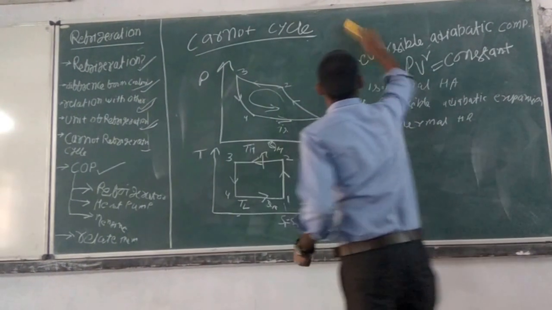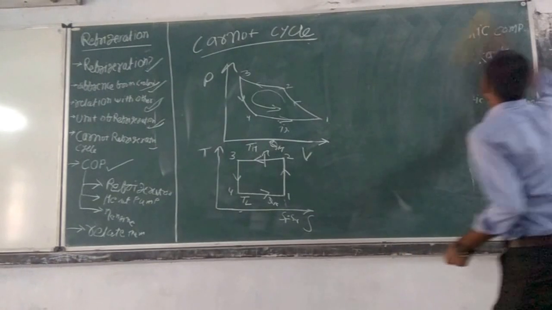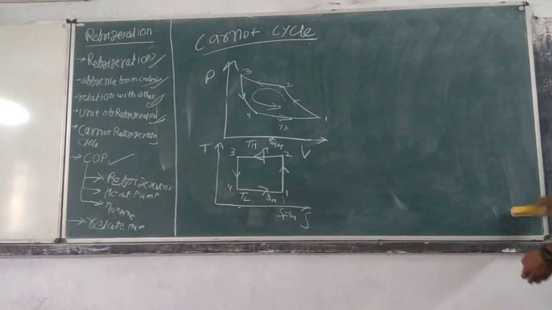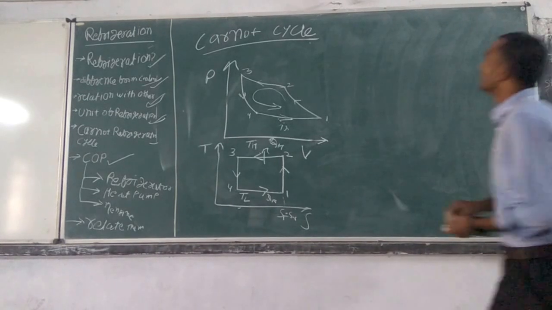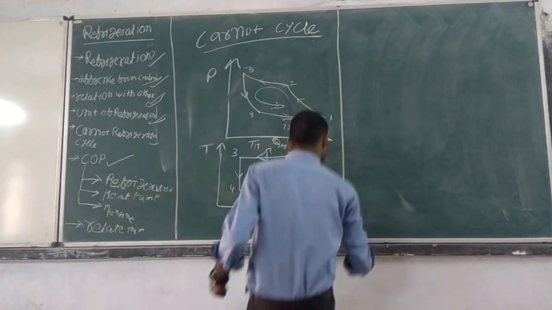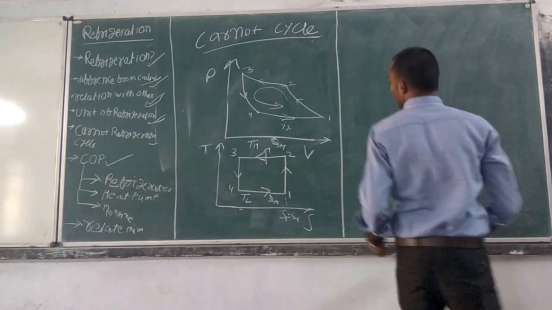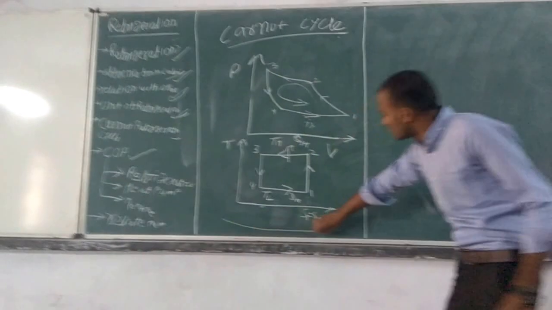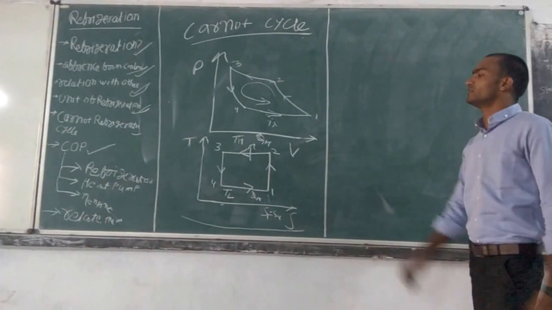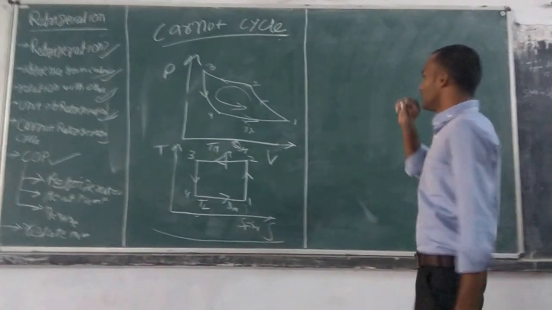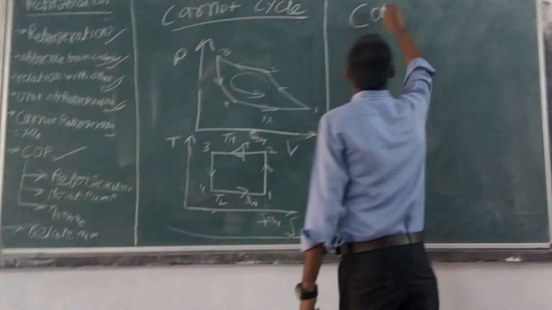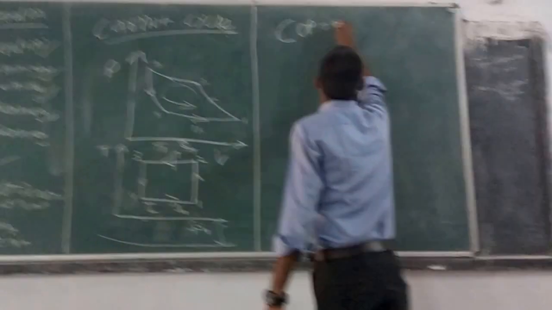Now, coming to the next, that is COP. For the COP, we will go with this diagram, which is called the temperature-entropy diagram. COP is also called EPR.